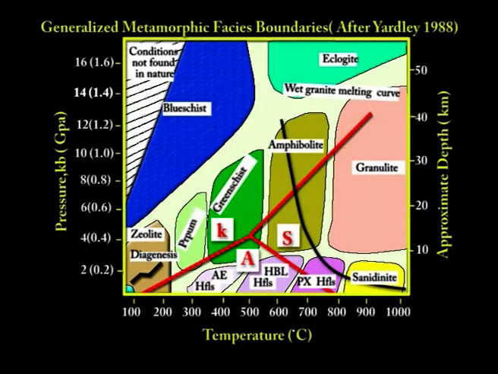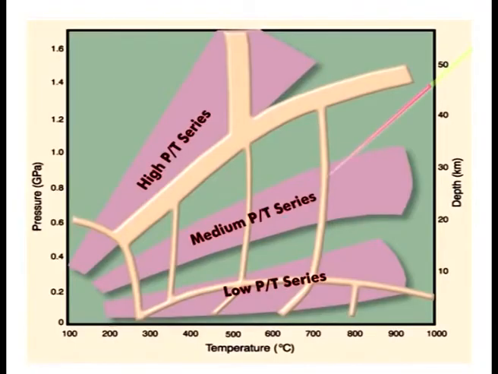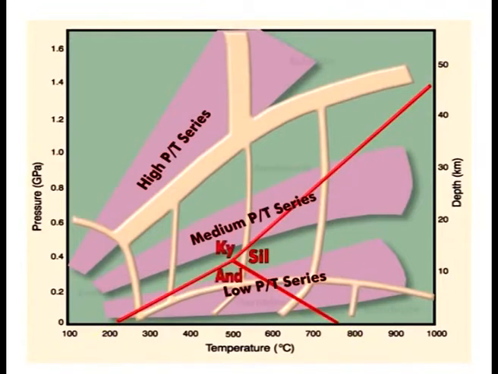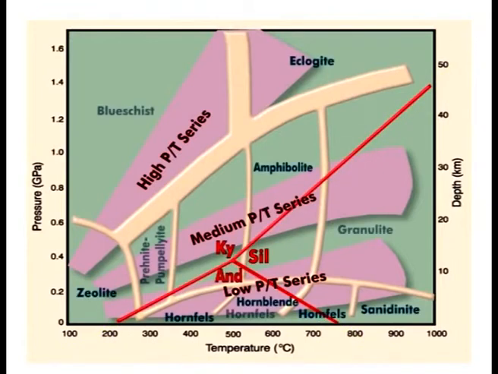Second, a typical Barrovian type characterized by greenschist, epidote amphibolite, Amphibolite, Granulite type characterized by paragenesis of Kyanite, Sillimanite type. And third, an Abukuma type of greenschist, Amphibolite, Granulite characterized by paragenesis Andalusite Sillimanite type.